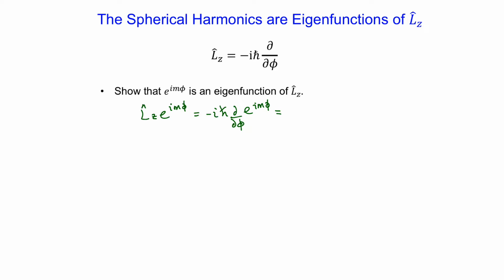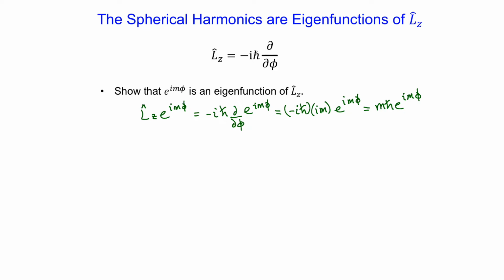Okay, so then we get minus i h bar times im e to the im phi back out. Okay, so looking at our coefficients out front, we have minus i times i, which is going to give us a positive 1. Okay, and then we're left with m and h bar as constants as well. So we get positive m h bar e to the im phi.